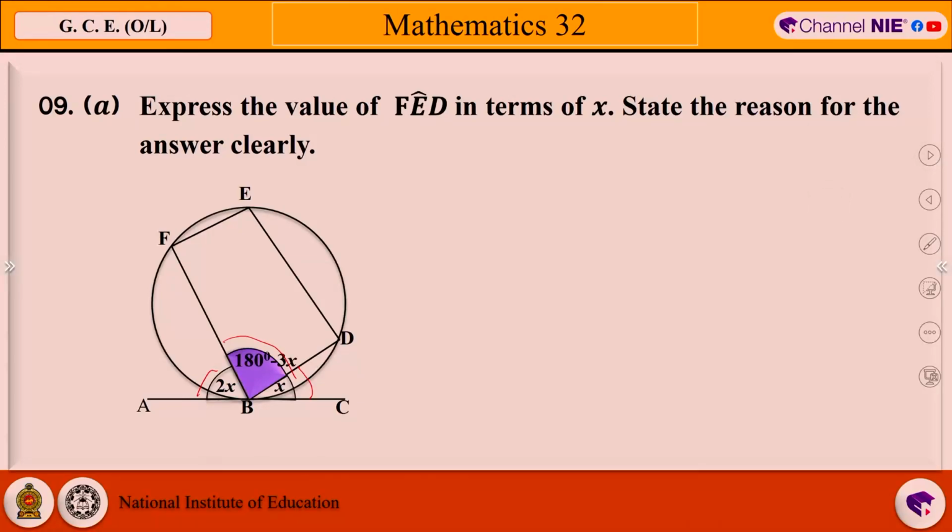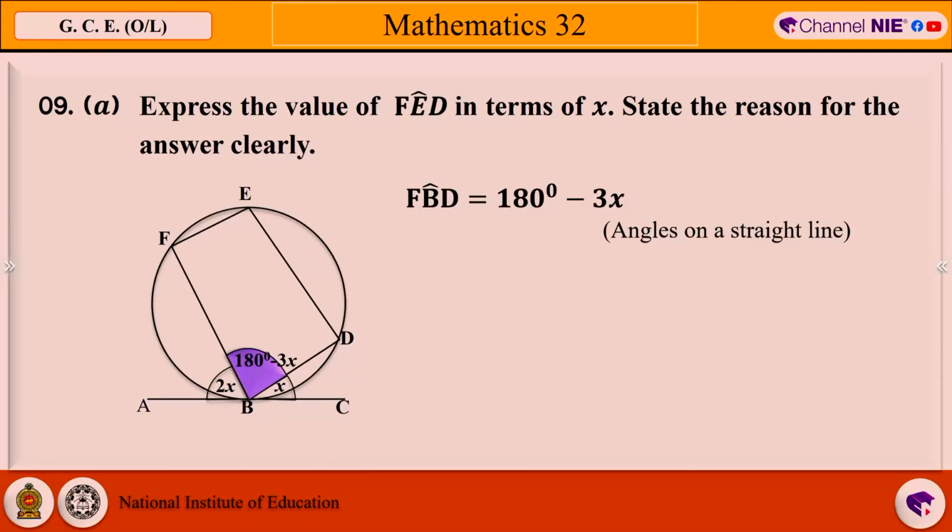Accordingly, you can find FBD equals 180 minus 3x. Right. Then here the reason is angles on a straight line, because you are asked to state the reason for the answer very clearly. So, you have to write both the relationship and also the reason for that relationship.